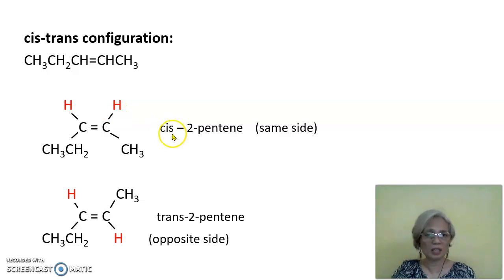So, we use cis, meaning same side. So, we affix the word cis-2-pentene. So, this is pentene, so 1, 2, 3, 4, 5. Now, if the hydrogens are located opposite each other, we have trans-2-pentene.